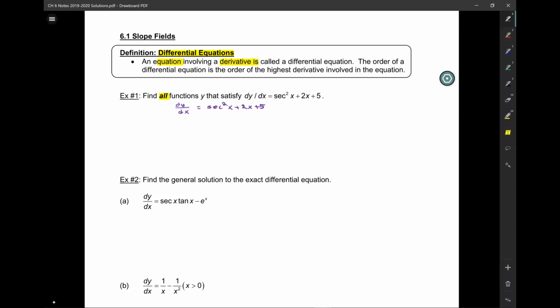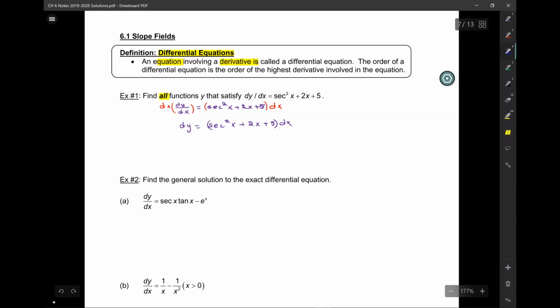Now, what I'm going to do is multiply both sides of this by dx. What I have now is dy equals secant squared x plus 2x plus 5 dx.